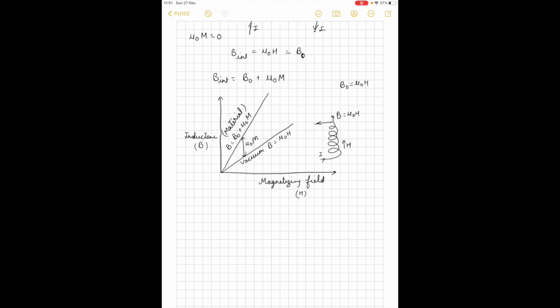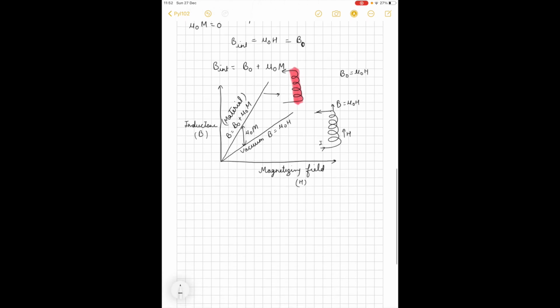And the physical system will look something like this for this case, but this time there's going to be a material. This red patch is some material inside.